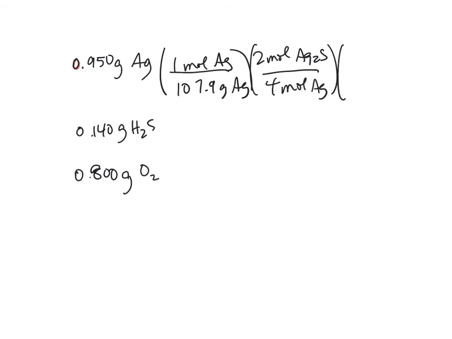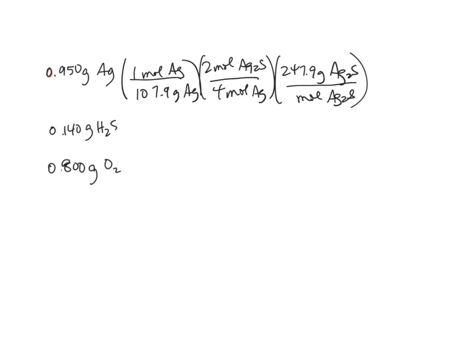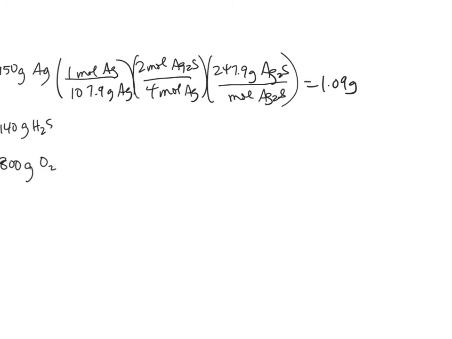And then use molar mass of silver sulfide, 247.9 grams silver sulfide per mole of silver sulfide. And this turns out to be 1.09 grams of silver sulfide.